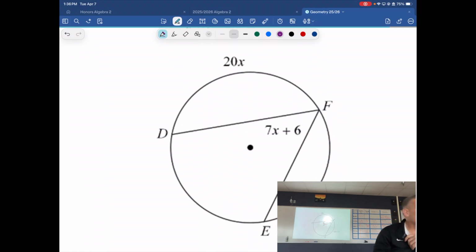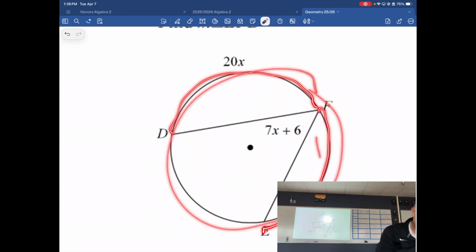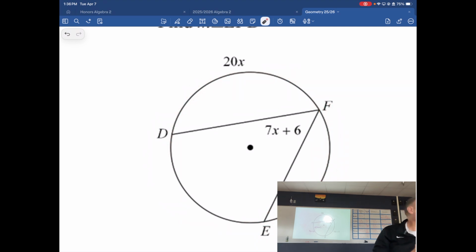What can we do with this? We can double it. Yeah, very good. So if I'm going to take 2 times 7x plus 6, because it's twice it, 2 times 7x is 14x plus 12. So now I know all of the arcs, right?